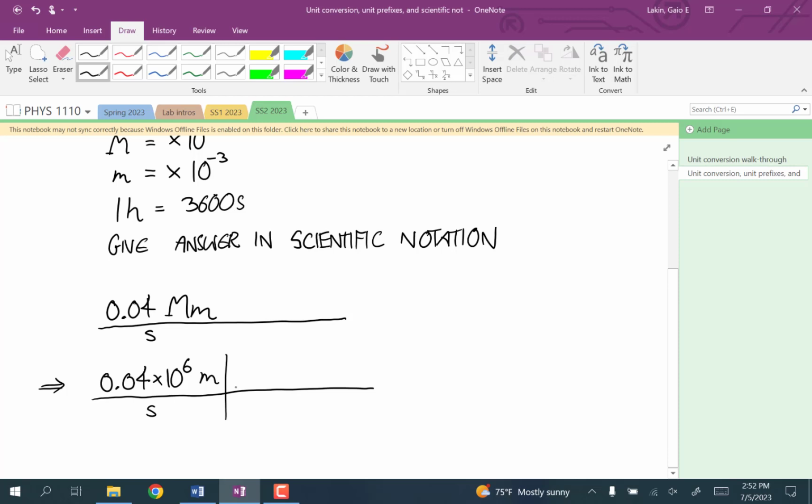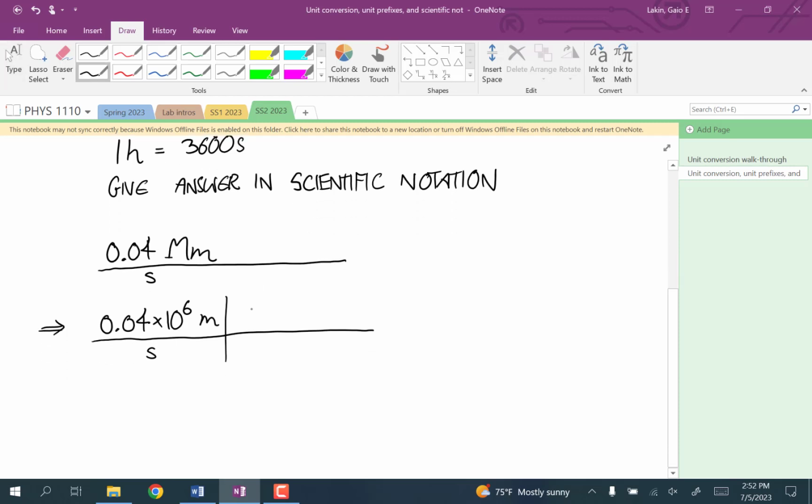And then you're just going to use the conversion factor that cancels out the unwanted units. Here the milli has the meaning of times 10 to the minus third. And if you do these cancellations, you can see that now our length units are millimeters instead of meters. Our meters are all canceled out.